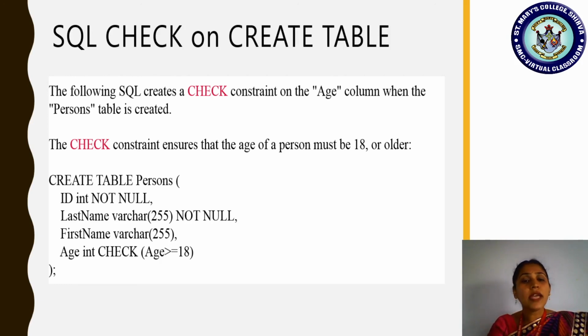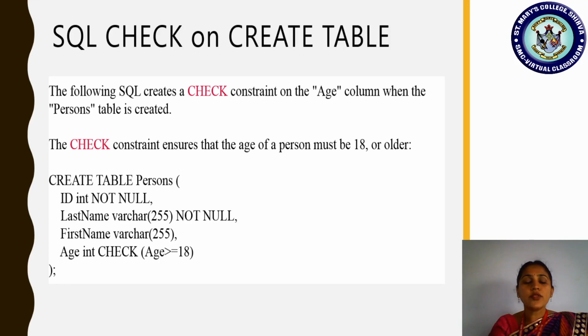If it is false, an error is given. Okay, that is, it is not a valid value. In case you give 18, yes, 18 is equal to 18, it is going to check, then it allows, and no error is shown. If it is something like 12, 12 is again not greater than or equal to 18, so it is going to show the error.